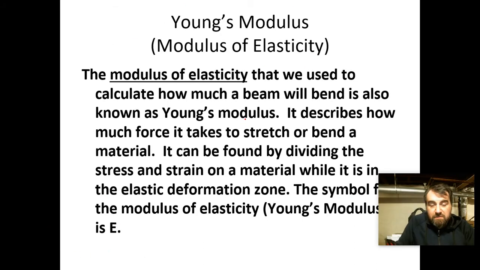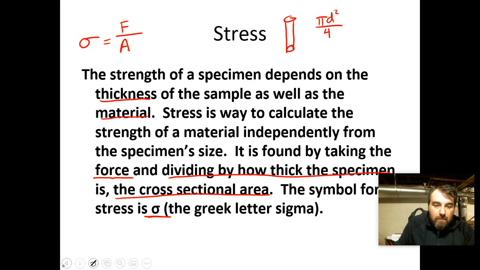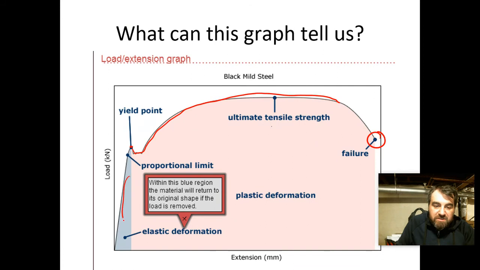Young's modulus, the modulus of elasticity. This is how we've calculated beam bending and everything like that. It describes how much force it takes to stretch or bend a material. It can be found by dividing the stress by the strain on a material while it is in the elastic deformation zone. So you remember, the elastic deformation zone is this area, right?